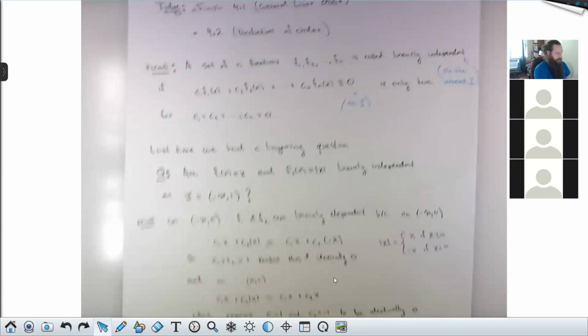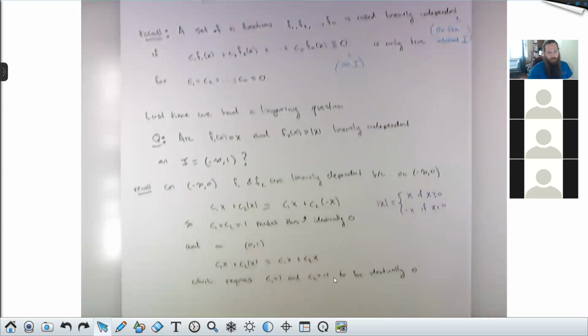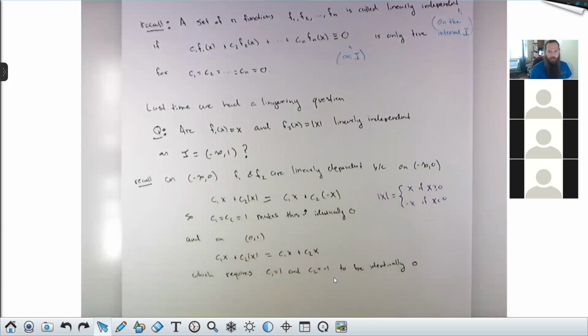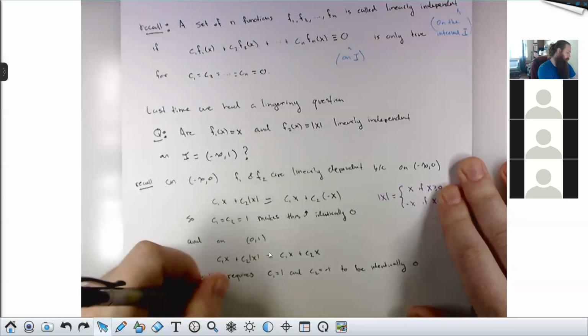That's not entirely true, C1 and C2 just have to be opposites of each other here for this to happen. But in particular, it's a different value of the constants that makes these identically 0 from negative infinity up to 0 than it takes for these constants to give you identically 0 from 0 to 1. So there are no constants.